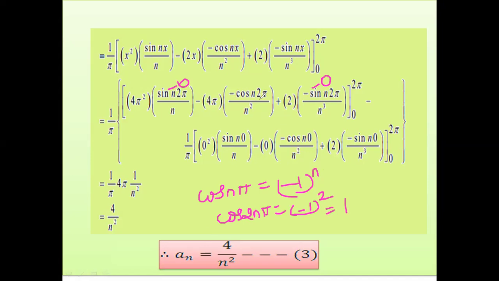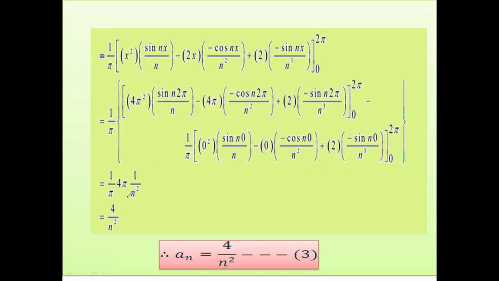Cos 2 n pi value will become 1, and with the minus already outside, minus minus becomes plus: 4 pi into 1 by n square. When you apply the lower limit, all the values will become 0. Finally you simplify, pi gets cancelled, and you get the answer: an equals 4 by n square.